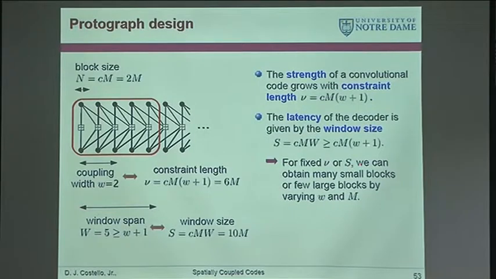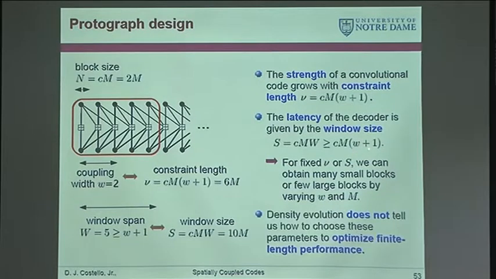Or we could use larger coupling widths, a bigger value of w, and smaller lifting factors m for the same constraint length or the same latency. So again, this is another design issue. How should we design these things? Should we use big lifting factors and really short coupling widths, syndrome former memories, or should we use larger syndrome former memories and smaller lifting factors?